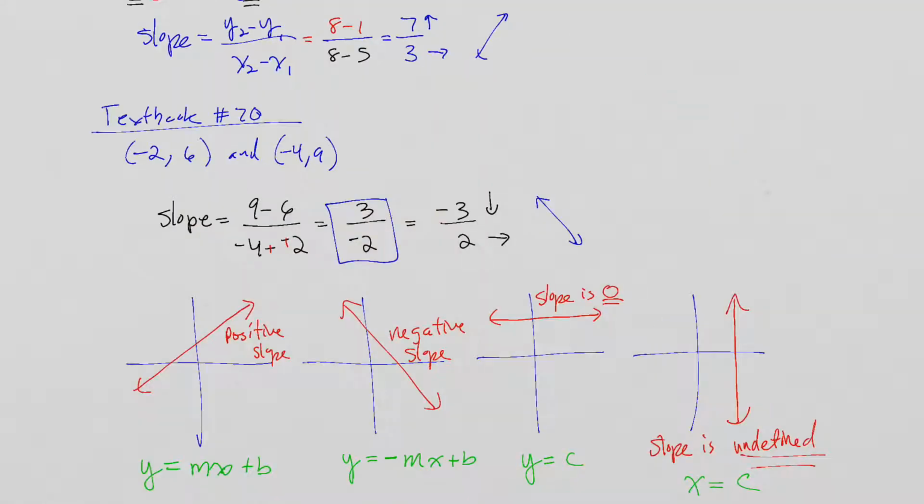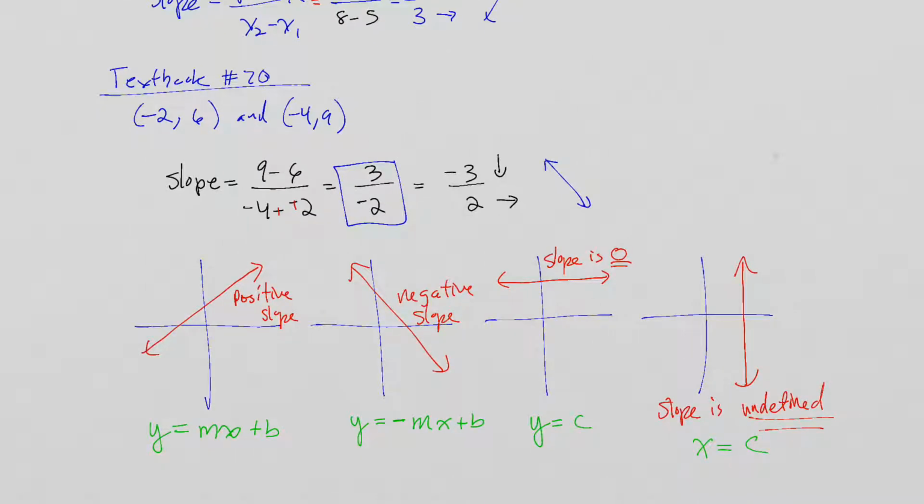Okay, so now I want to do workbook numbers 8 and 9, because 8 and 9 are basically horizontal and vertical lines. So remember, from the top, actually we can go back to that page right here.